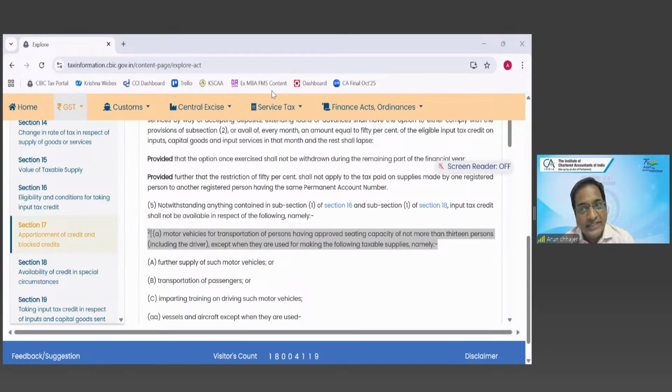ITC available or ITC not available? See the answer. Again deviation.